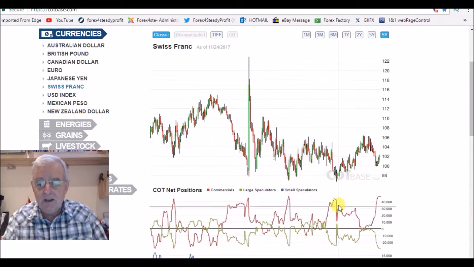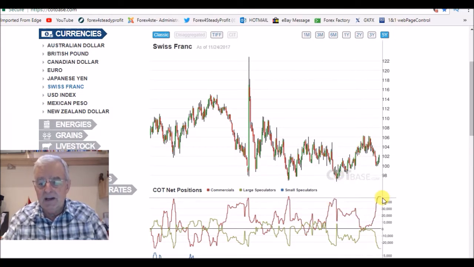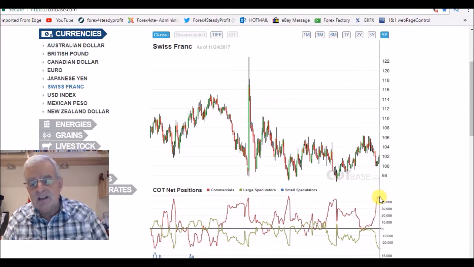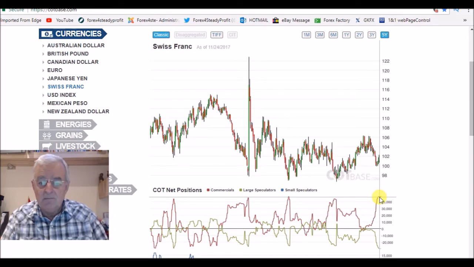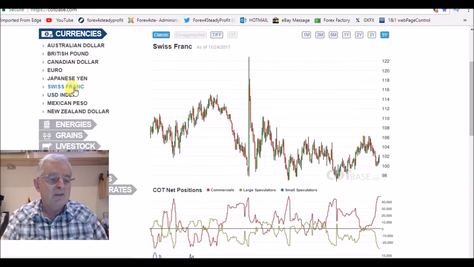This position here, very nice move up. We've got a similar position here. I am expecting a good move up in the Swiss franc on basically everything. It's even been moving up against the US dollar.